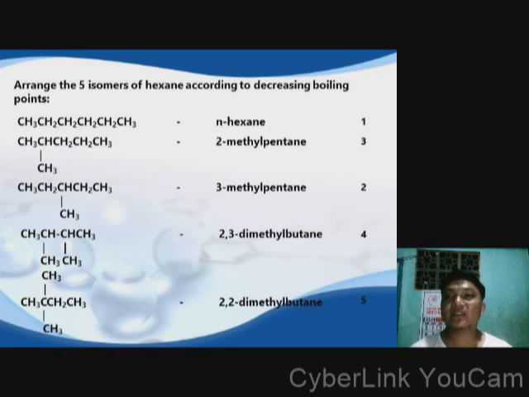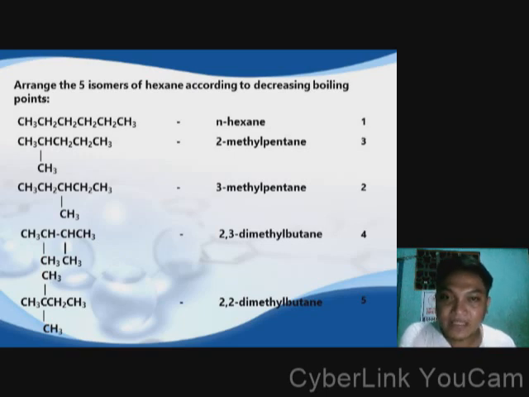Okay, arrange the five isomers of hexane according to the decreasing boiling point. So, let's see. Decreasing boiling point. Okay. So, from the 5 examples there, you are going to see number 1 as your hexane.